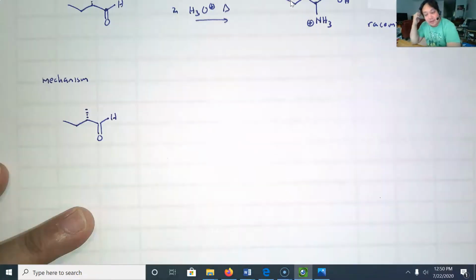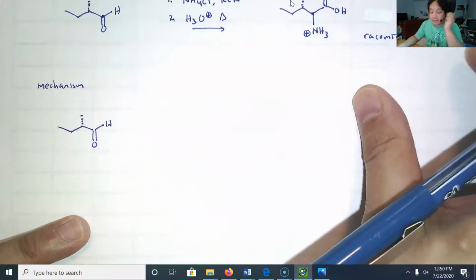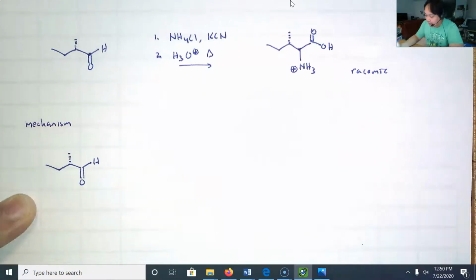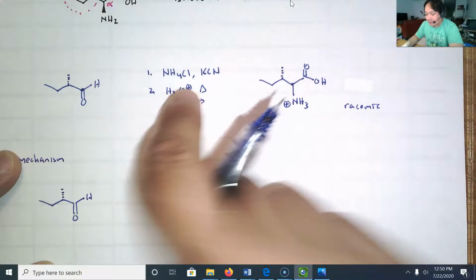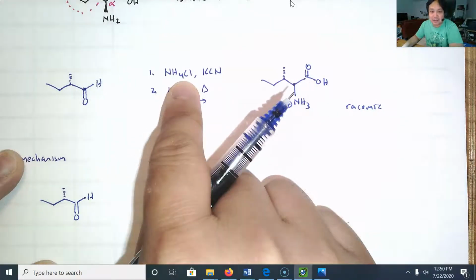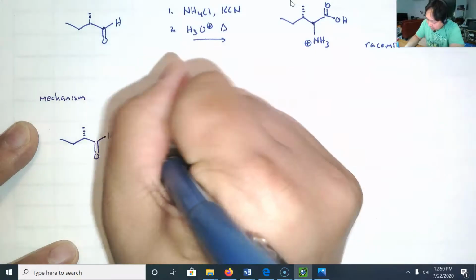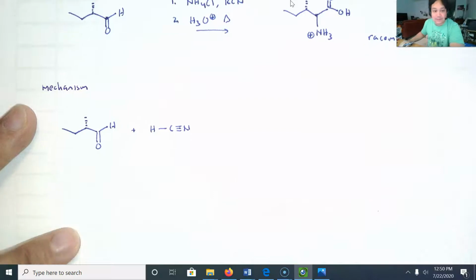The way that I taught imine formation is we do a protonation step at first. Some textbooks don't do a protonation, but we're going to do a protonation. And like I said, at some point we're going to have HCN. So we could skip to that step right away and do HCN like this. I'll draw out the triple bond to remind ourselves.